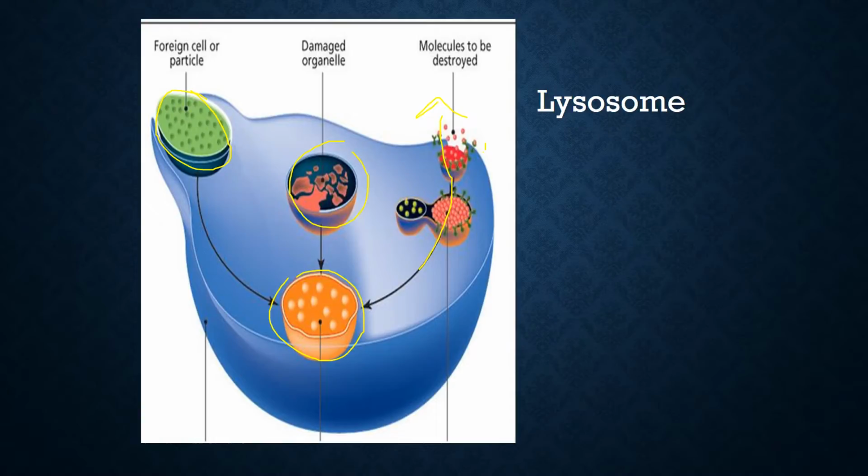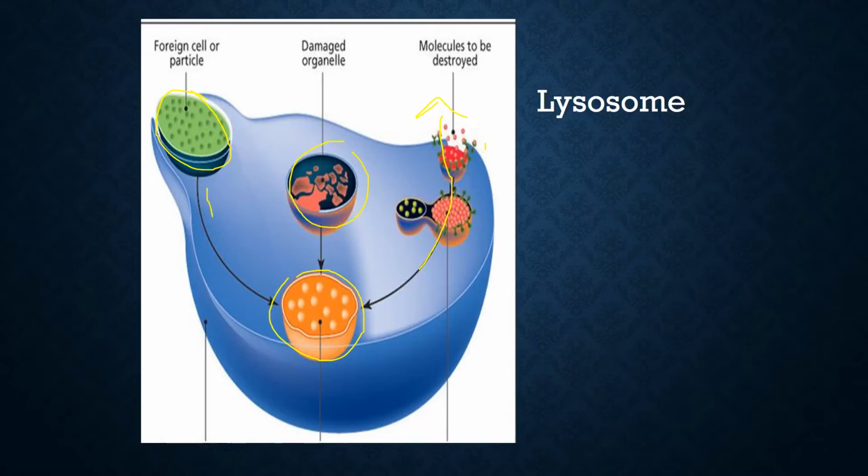So the big thing with this is that there will be fusion with some type of food vacuole after the cell has been ingested, and this will create some type of primary lysosome, where it has just the digestive enzymes, and then the secondary lysosome will contain part of the partially digested contents.